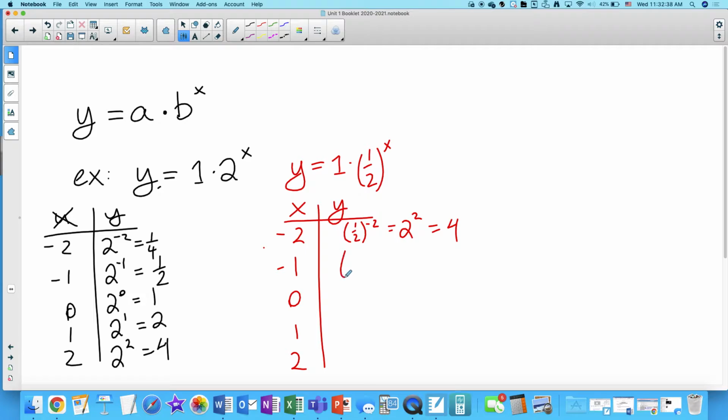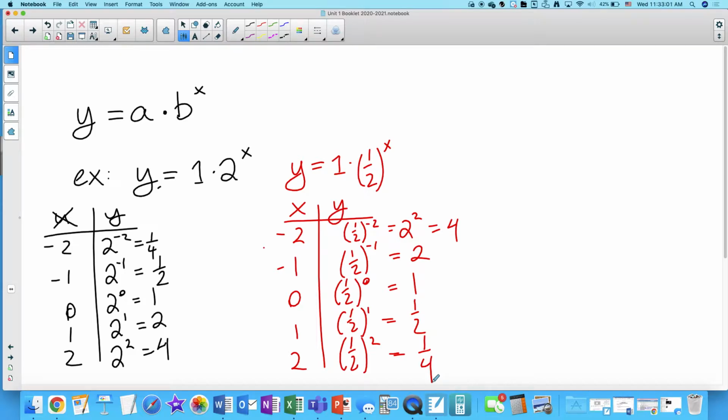Then this would be a half to the -1, which is just 2. This is a half to the 0, which is 1. This is a half to the 1, which is a half. And this is a half squared, which is 1/4. I'm going quite quickly here because we did go through this last week.